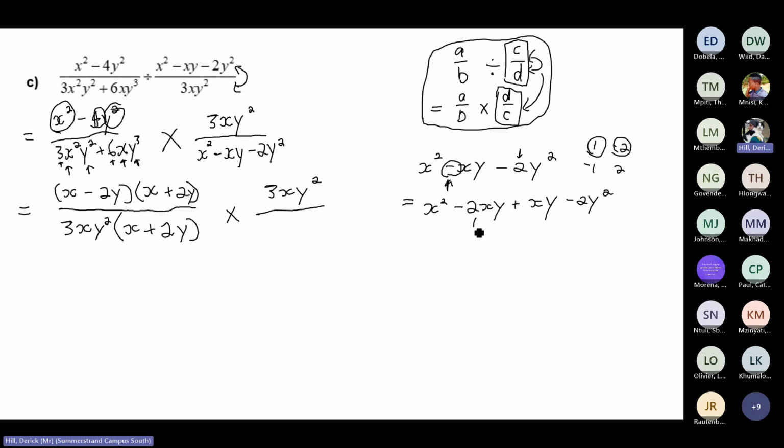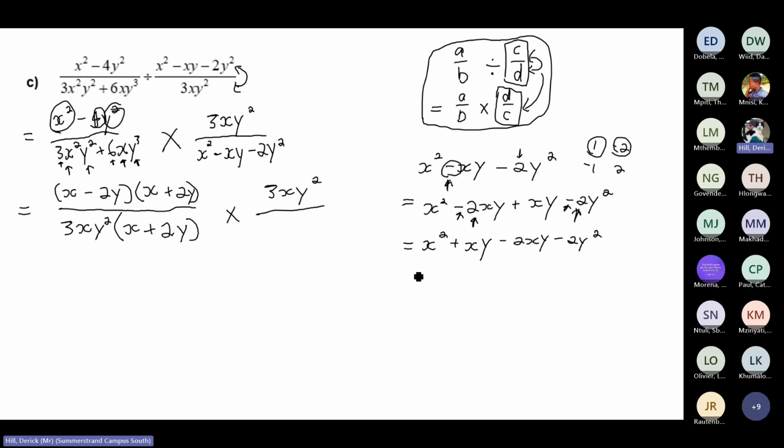I would like the 2's to be next to each other as well as the minuses. So I'm going to reorder this. What do I get? x squared plus xy minus 2xy minus 2y squared.